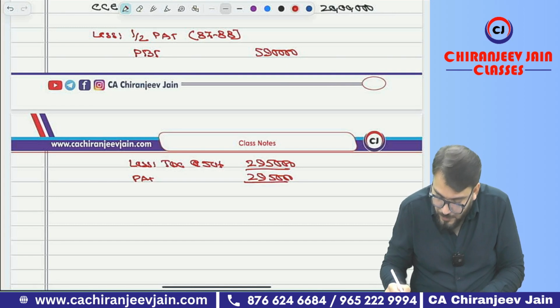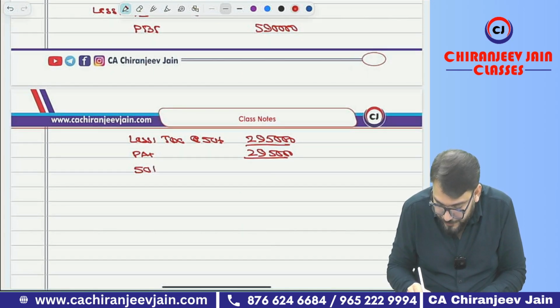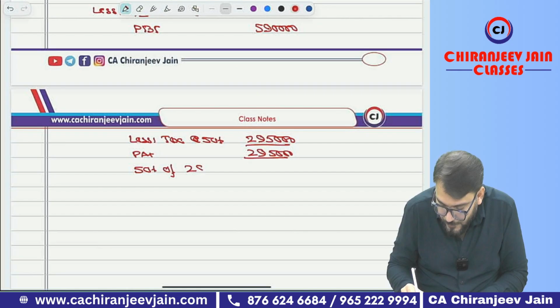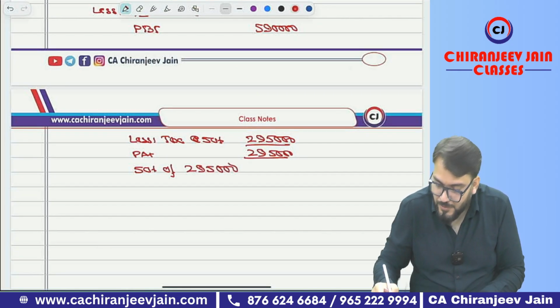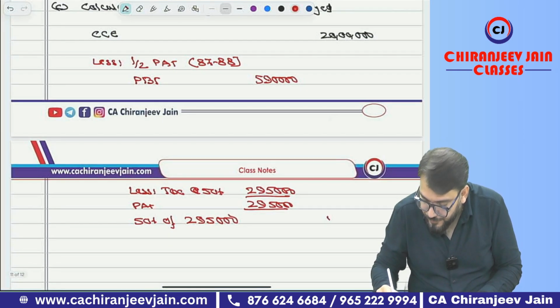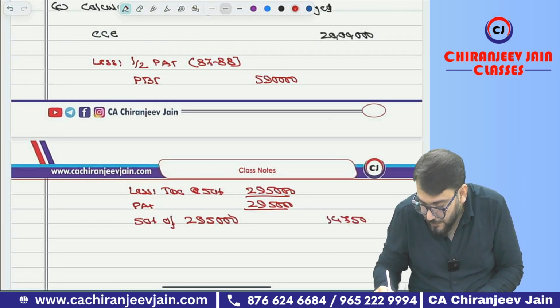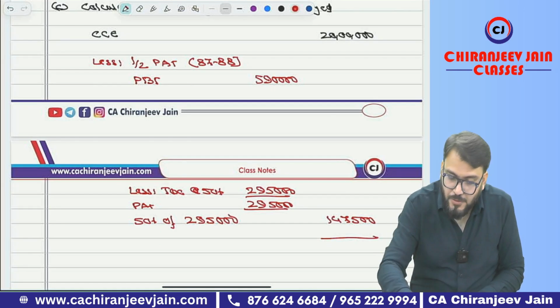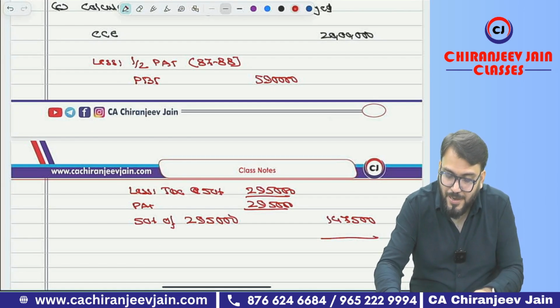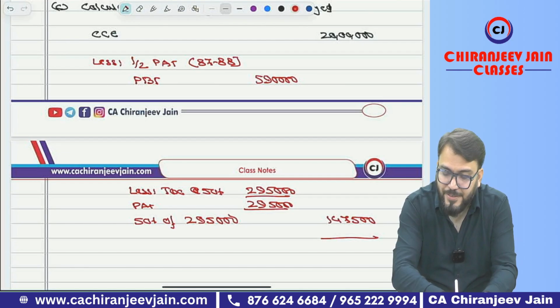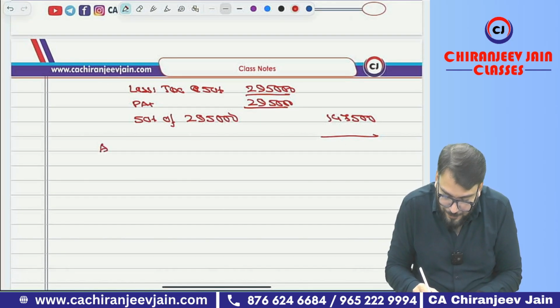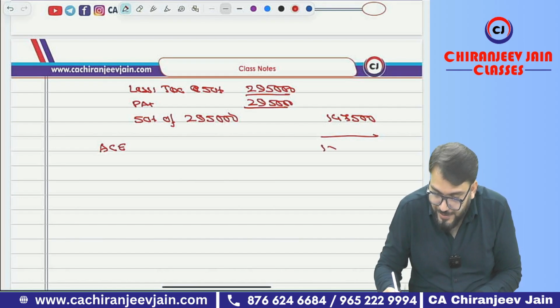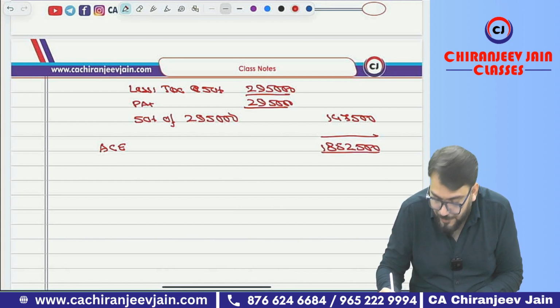Now we take 50% of 2 lakh 95,000, divided by 2, it is 1 lakh 47,500. It will come 20 lakh minus 1 lakh 47,500. So average capital employed is equal to 18 lakh 52,500. This is average capital employed.